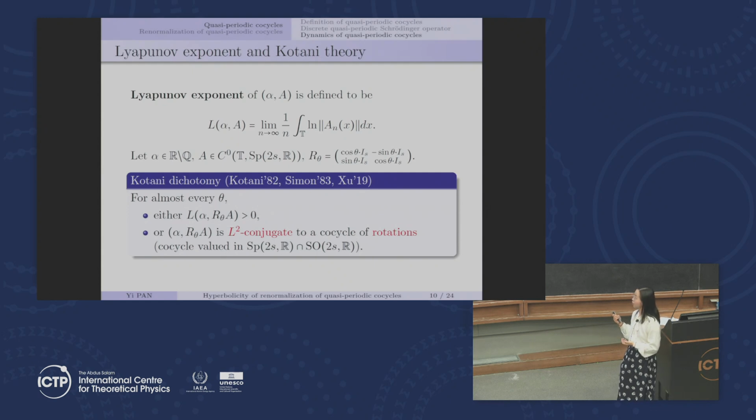It's also because we always regard these Lie subgroups as subgroups of the general linear group. And in particular, in this paper of Avila, he also showed the density of positive Lyapunov exponent. And there are also many people working in that direction, including positivity or continuity of Lyapunov exponents.